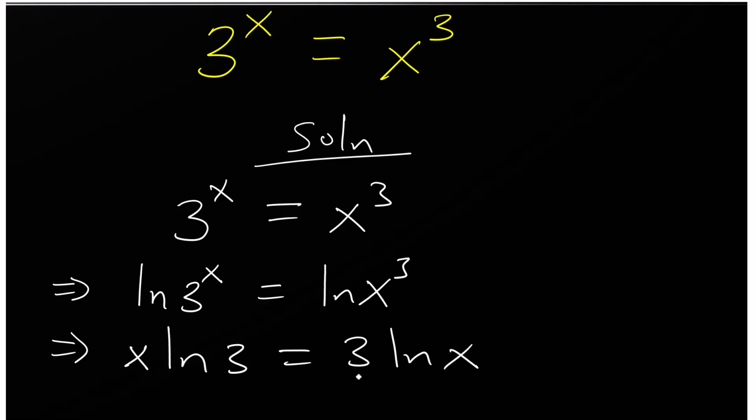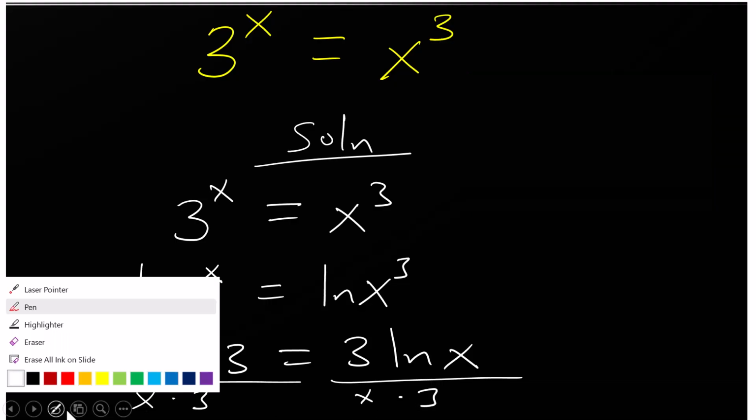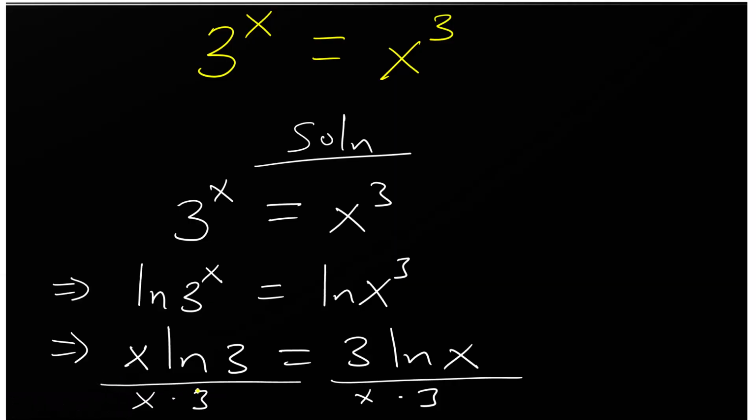Remember, we have the x, so what we are going to do here is divide by x times 3, and we have x times 3. The idea is to bring the x on the right, so this side will cancel and this side will cancel.